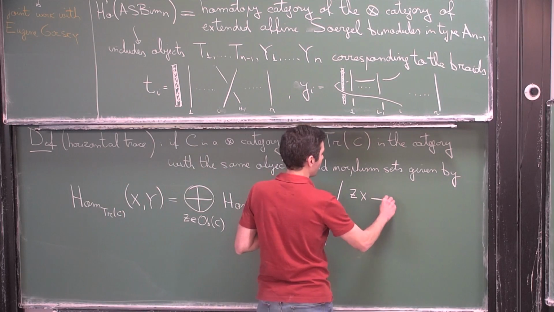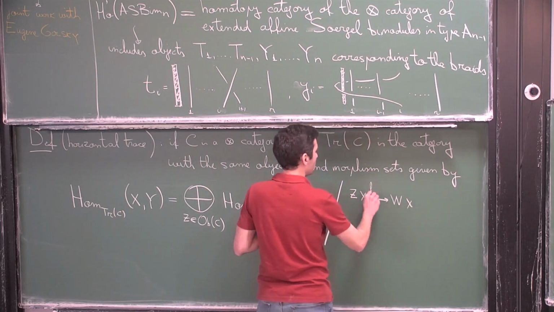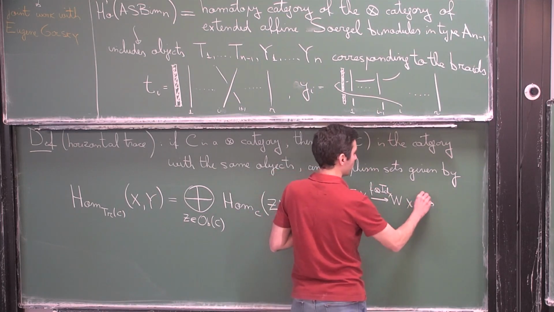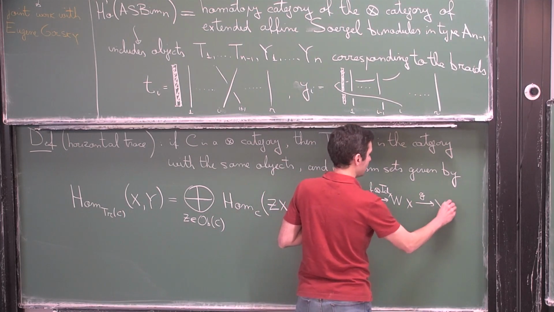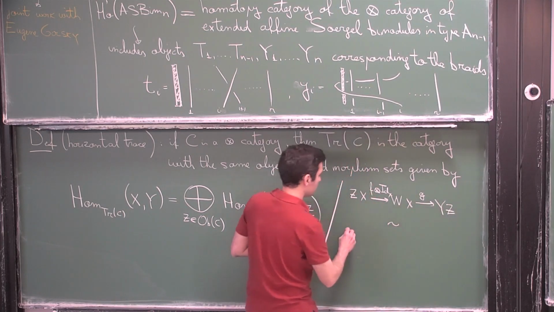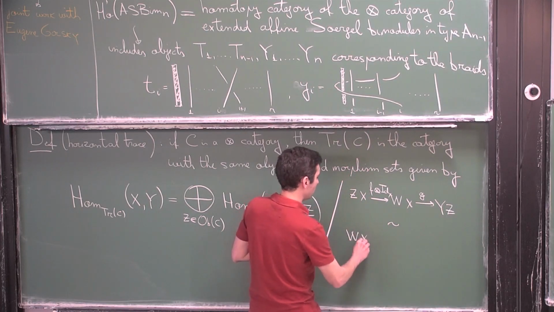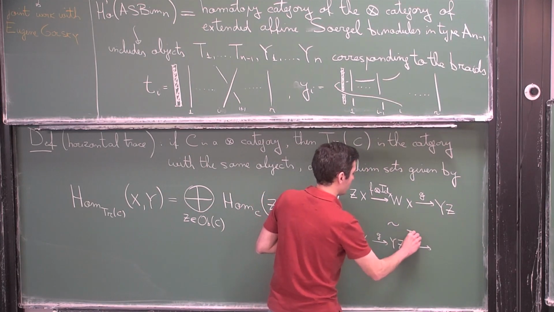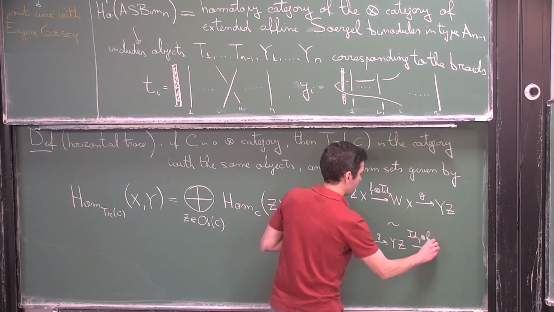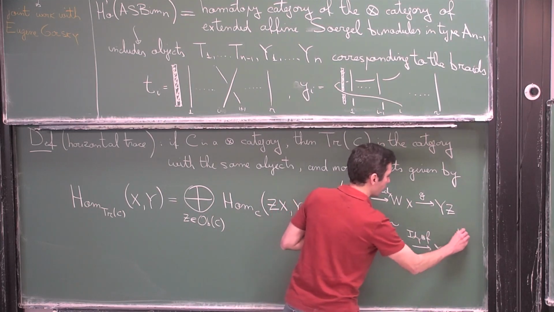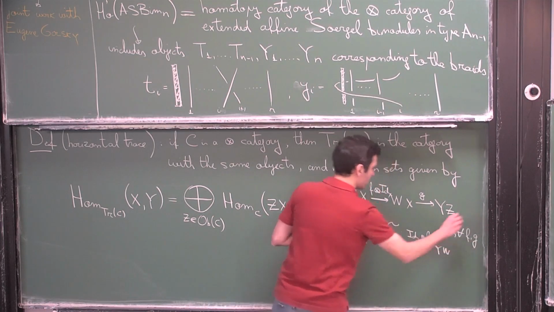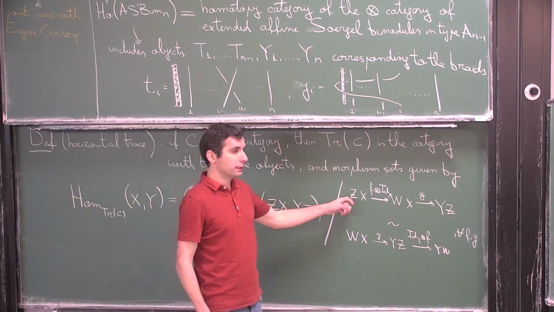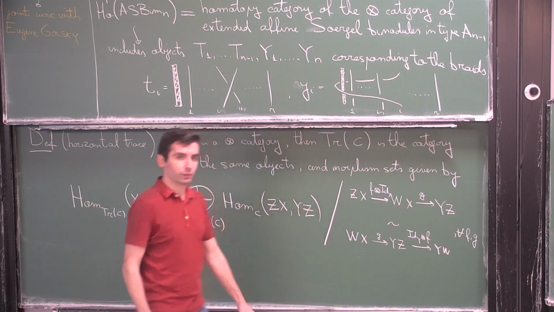So whenever you have a composition of this form, which is of the form F tensor id_X, and then you compose it afterwards with a morphism from this to YZ, then this should be identified with the composition WX, YZ, and here you have id_Y tensor F, and here it goes to YW, and this should be true for all applicable morphisms F and G and all applicable Z and W. So for any object Z and W, for any morphisms F and G, as indicated in this diagram, you identify this composition up here with this composition.